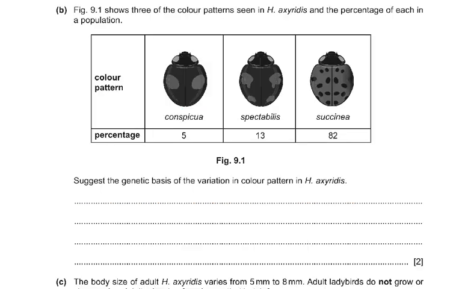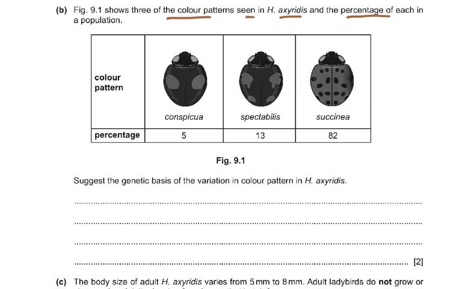Figure 9.1 shows 3 of the color patterns seen in H. axyridis and the percentage of each in a population. So color pattern percentage: conspicua was 5, spectabilis was 13, and 82. The percentages 5%, 13%, and 82% suggest the genetic basis of the variation in color pattern in H. axyridis. So basically, why is there such a variation?